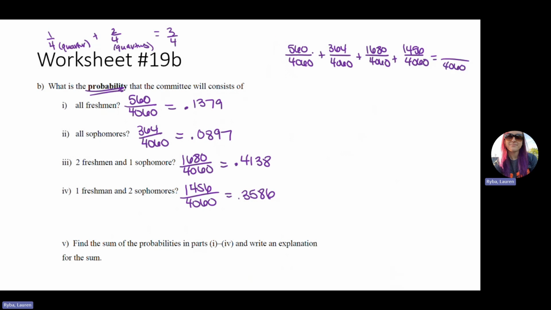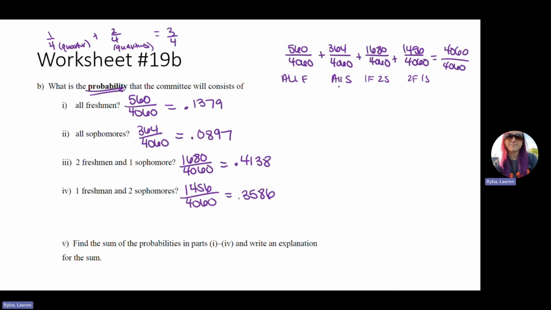And if I sum 560, 364, 1,680, and 1,456, guess what? I get 4,060. Why did I get my total? I've done every single combination. The only way I could do this is all freshmen, all sophomores, 1 freshman with 2 sophomores, 2 freshmen with 1 sophomore.